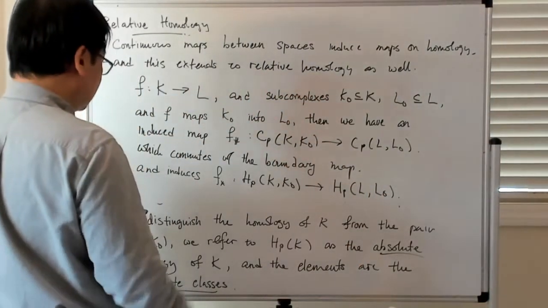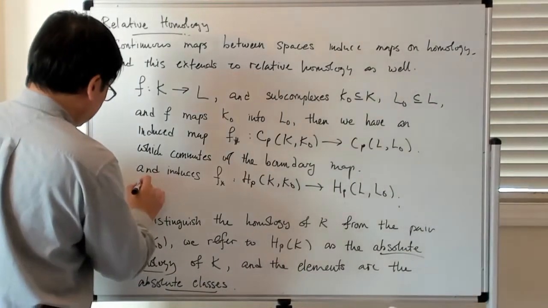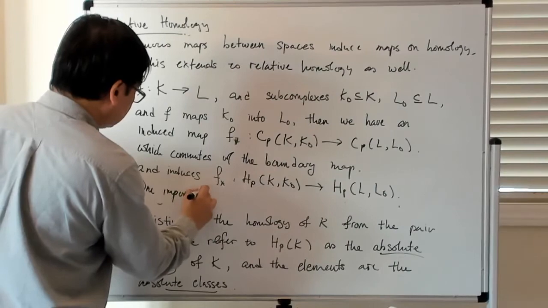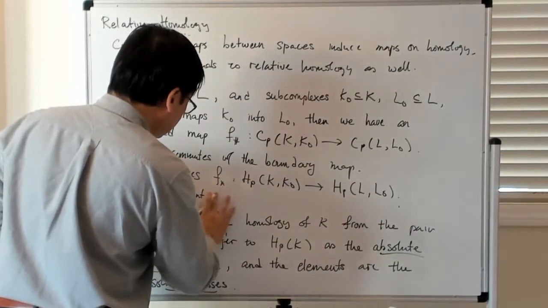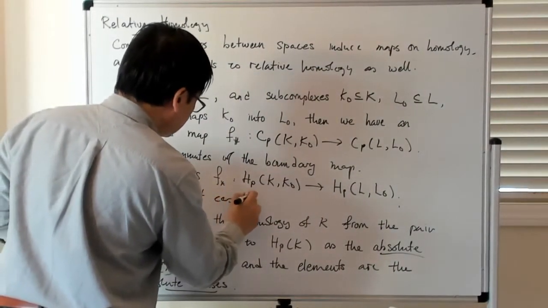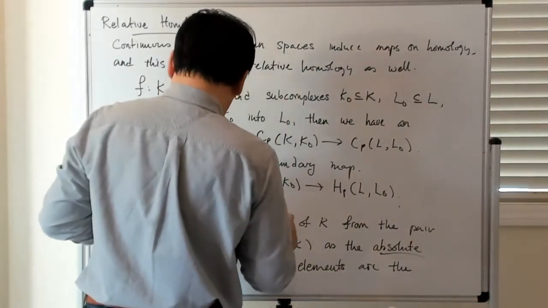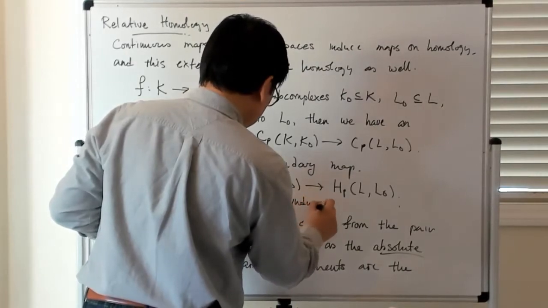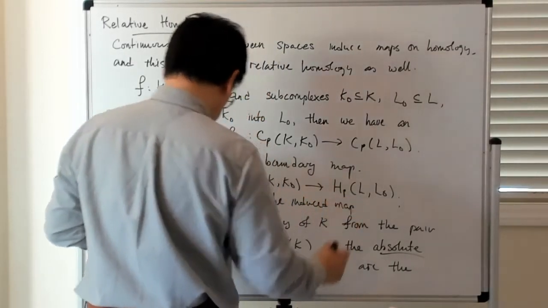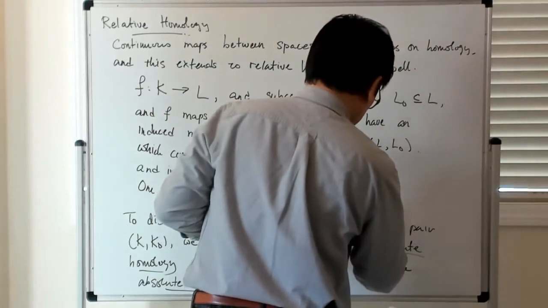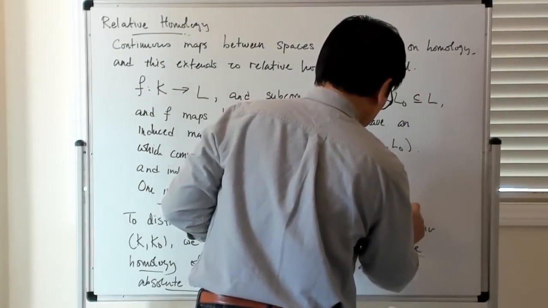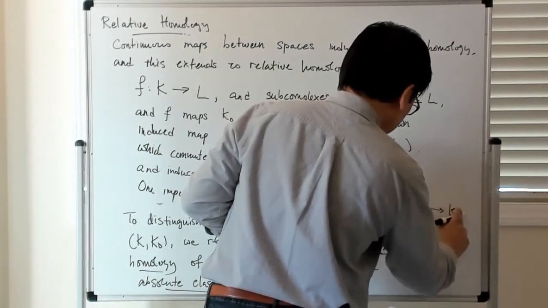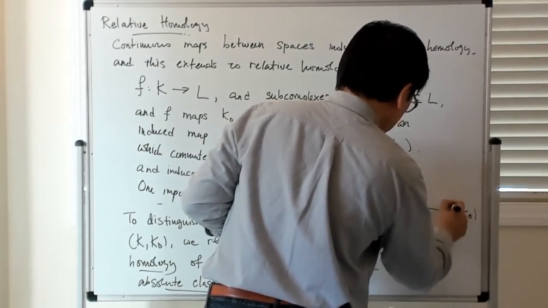One particularly interesting and important case is the induced map which comes from the map (K, empty set) to (K, K0).